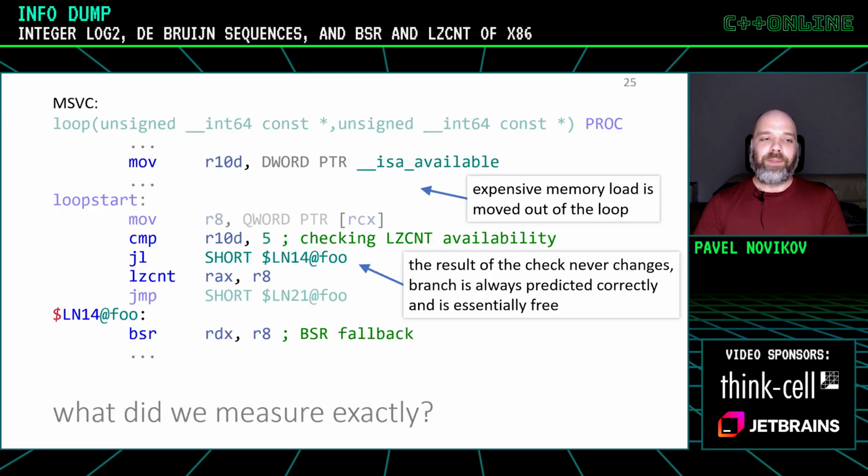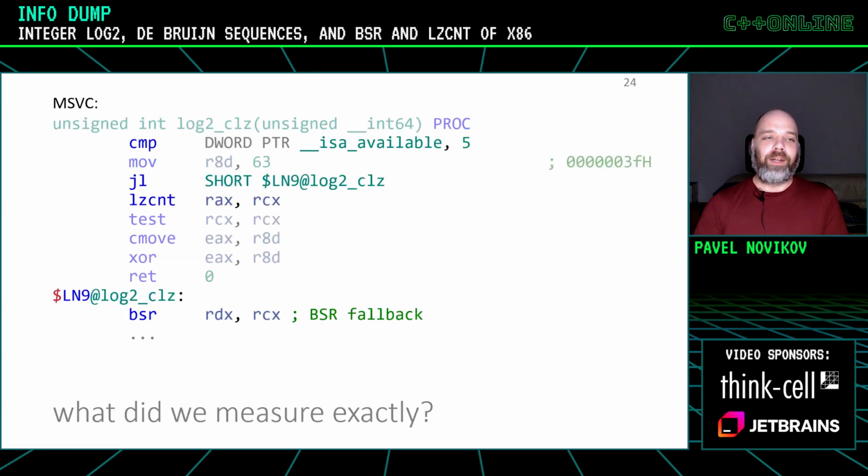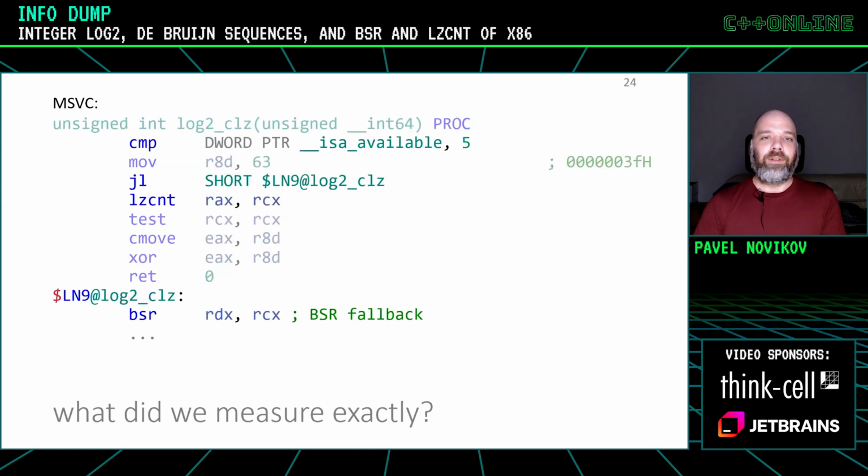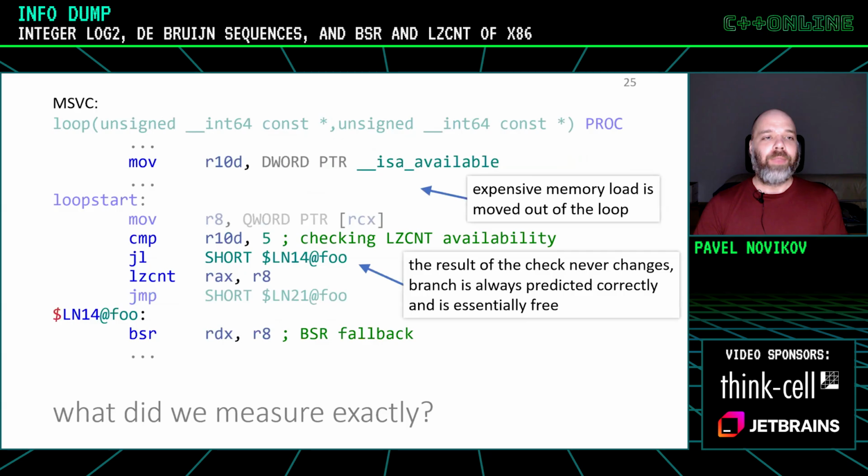For that reason, I'm personally not satisfied with the result, because we did not measure what the compiler generated. We measured some kind of optimized procedure instead of the procedure that we can expect from plainly compiling our code.